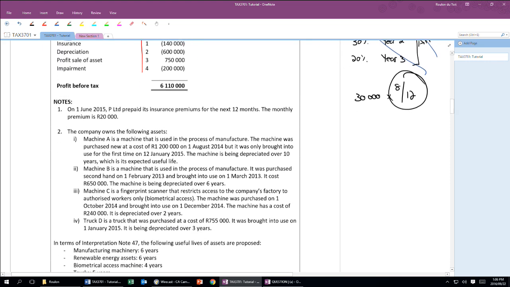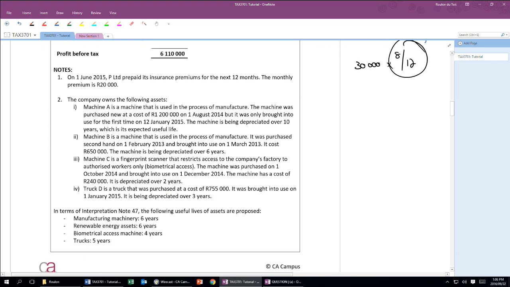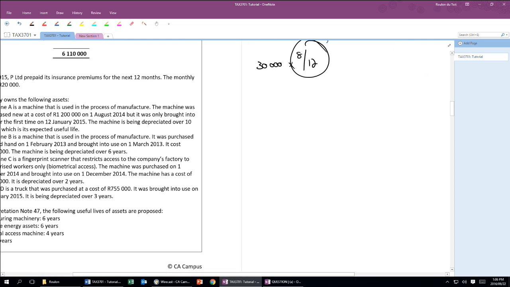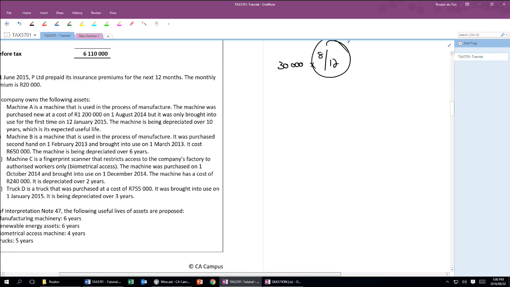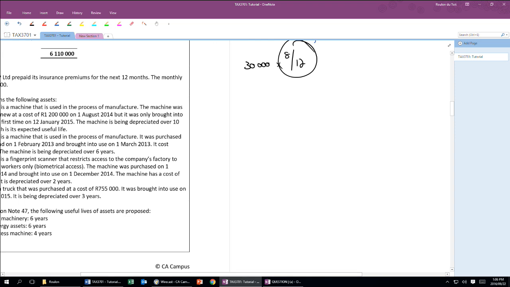Okay, so let's quickly talk about what P Limited did here. On the 1st of June 2015, they prepaid the insurance for the next 12 months.